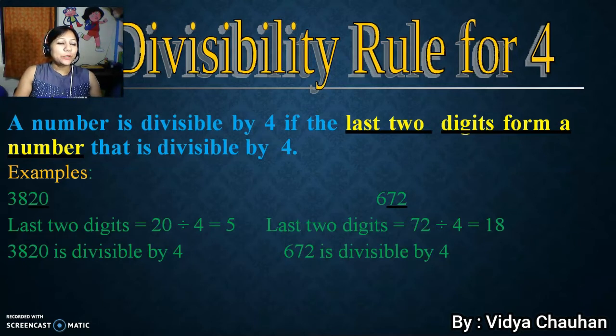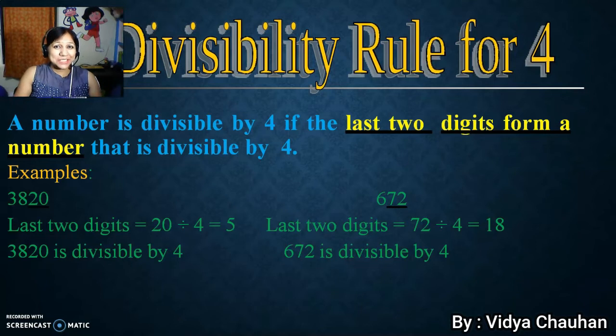My example is 3820, and the two digits at the end, at unit place and tens place, make up the number 20. Yes, 20 is divisible by 4. That means this complete number 3820 is also divisible by 4.